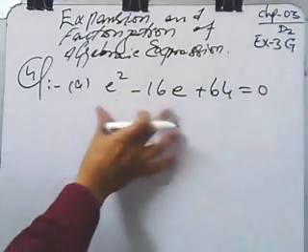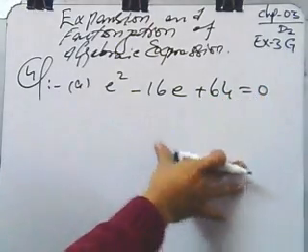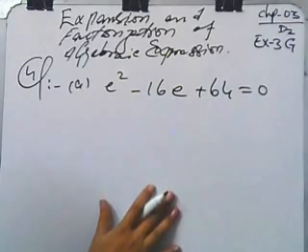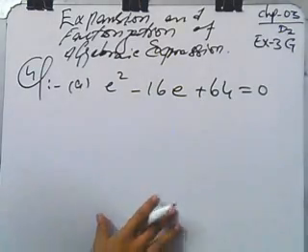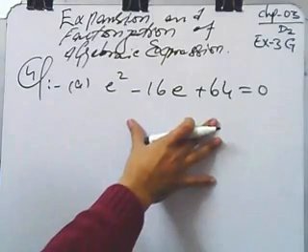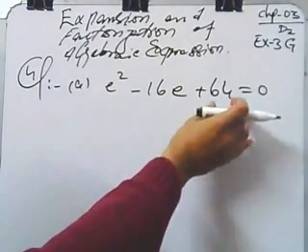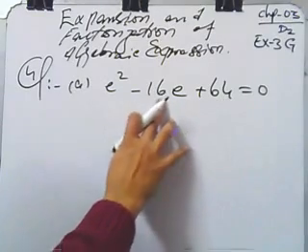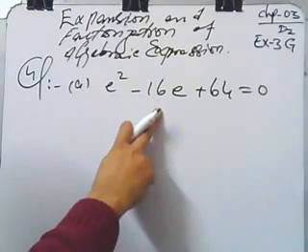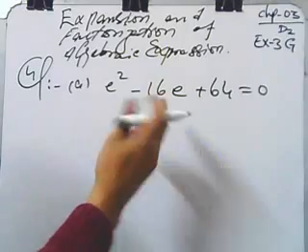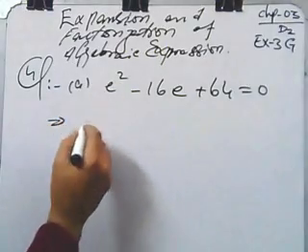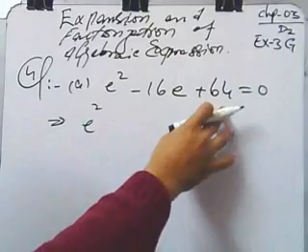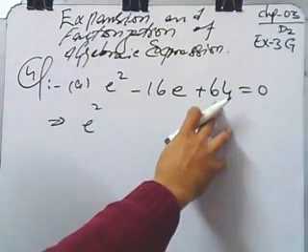Now it is a quadratic equation, and we have discussed in previous lectures how to find the factors of a quadratic equation. We have to make the factors such that after multiplication you will get 64 and after addition you will get 16. So by using that methodology, after multiplication you will get 64.